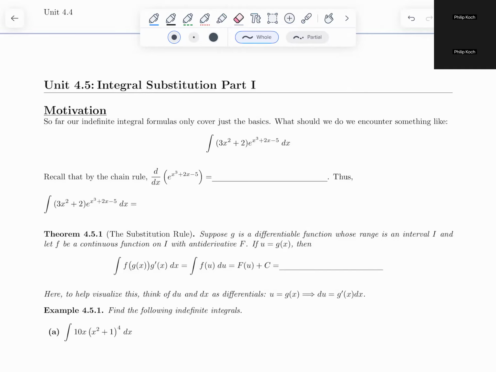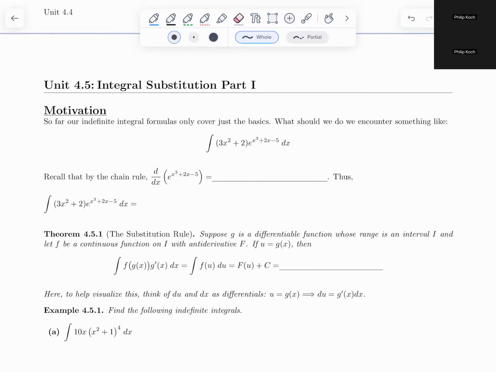Okay? So the motivation for integral substitution is this. With differentiation, I can give you any function and you can differentiate it. I can give you any combinations, and maybe it's tedious, maybe it's annoying as all get out, but you can take the derivative because of all the rules. But the problem with integration is it's not as cut and dry.